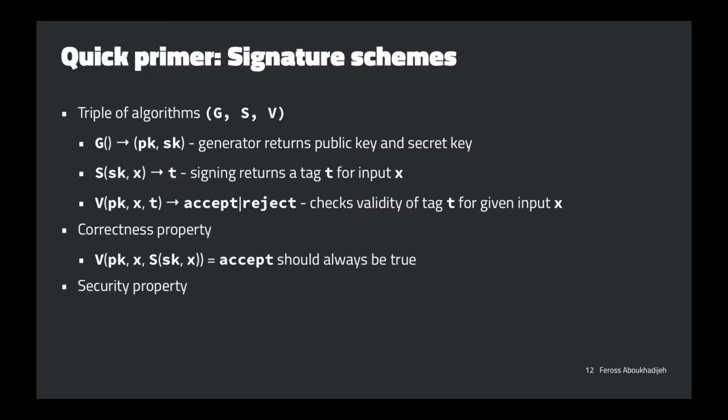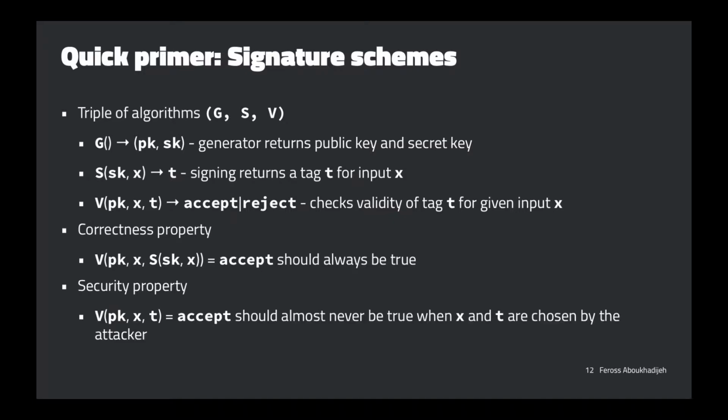The next property we want is security. Security is sort of the opposite of correctness in a way. It's the idea that if you create a garbage T, a random tag, and you try to pass it off as a true tag that was generated by the signing algorithm, then the verifier won't be fooled.